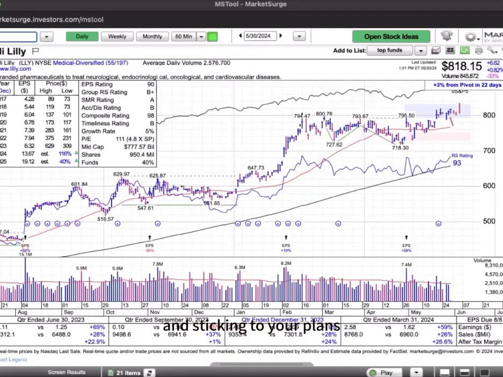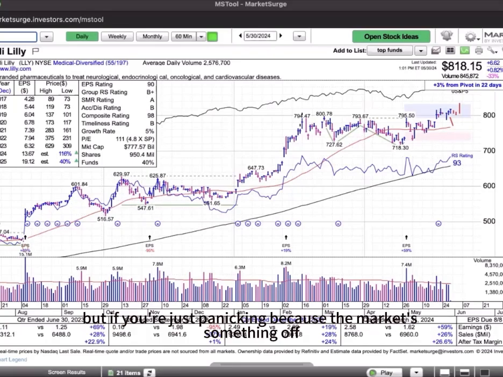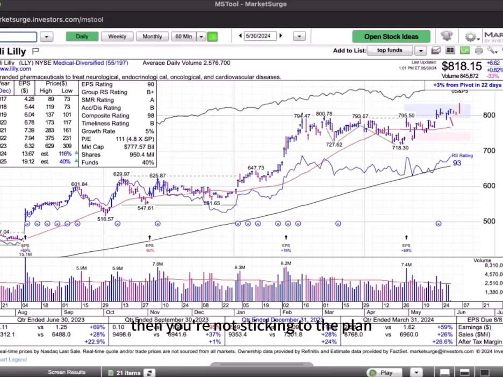And stick to your plan of why you got into that stock in the first place. When you enter a stock, you should have a stop. If that stop is not triggered, why are you selling it? If something changes in the market and that's part of your plan, that's a different story. But if you're just panicking because the market's selling off, then you're not sticking to the plan.